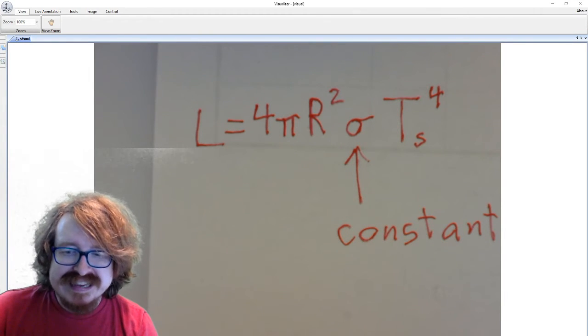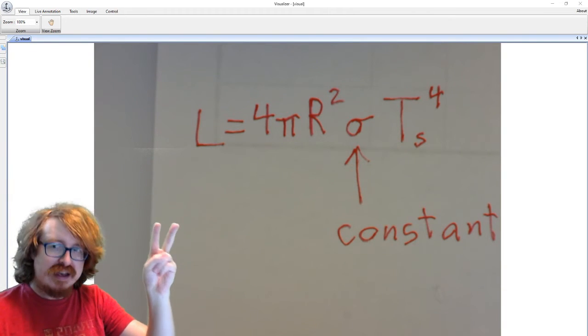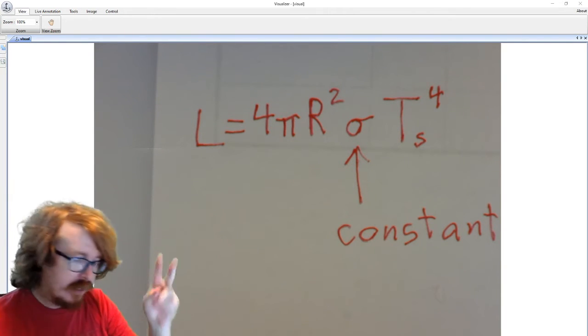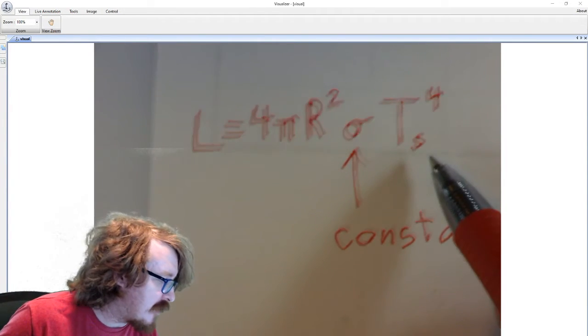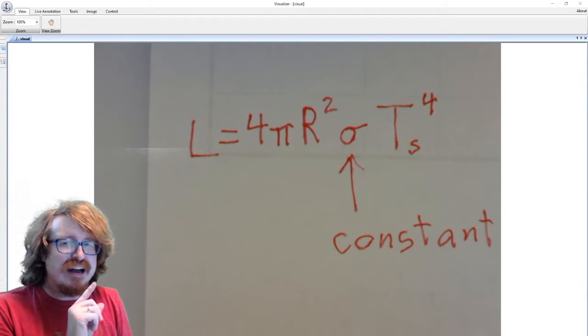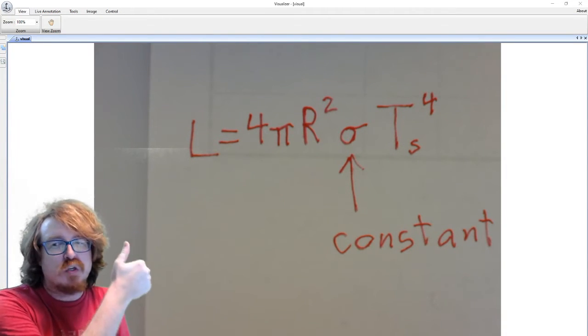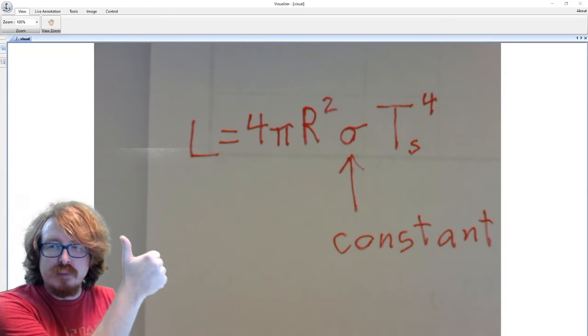So essentially, this equation says two things can increase the luminosity. First of all, it says if you make the star hotter, it should be brighter, okay? And that's not a new thing. We learned that on test 1. Higher temperatures mean higher luminosities.